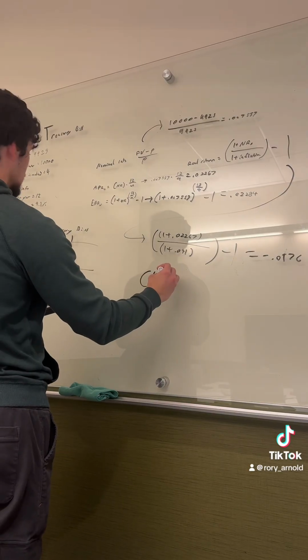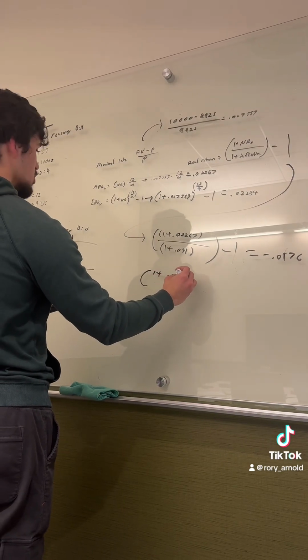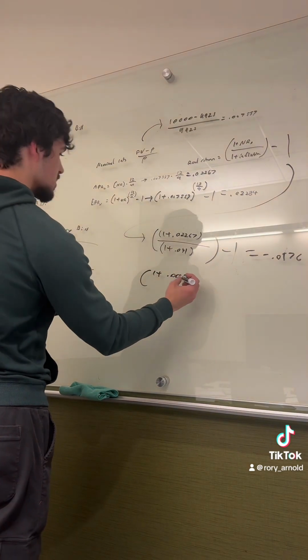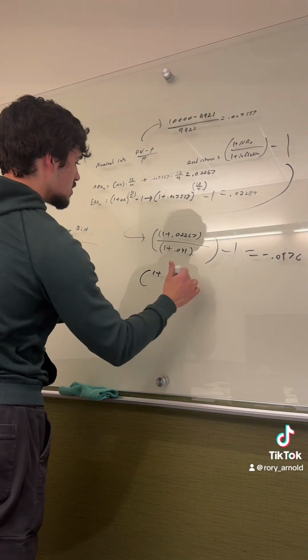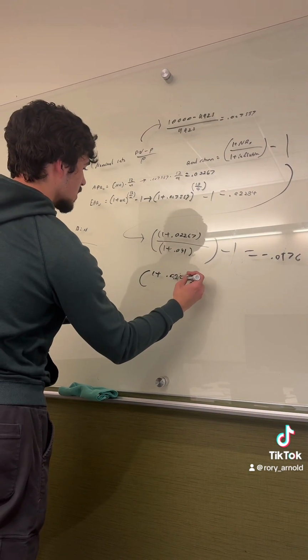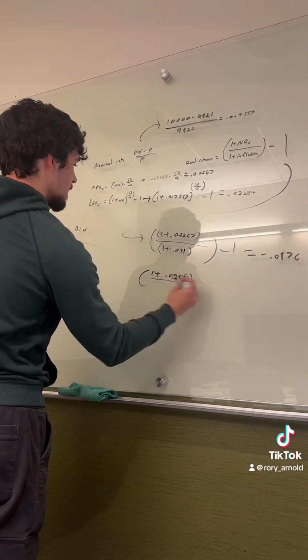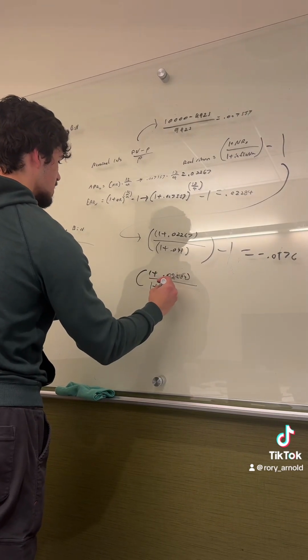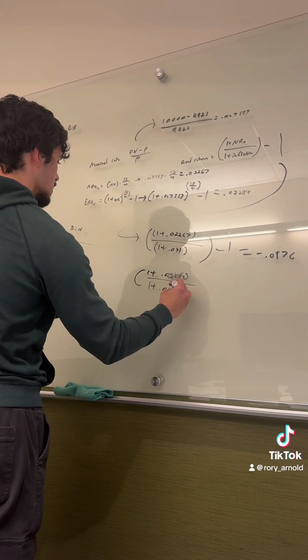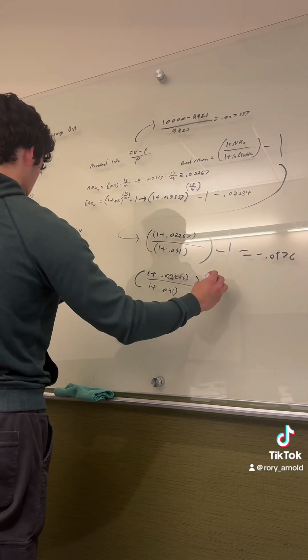It's going to be 1 plus 0.02284 over 1 plus 0.041, all subtracted by 1 again.